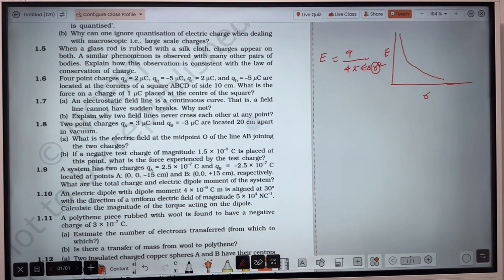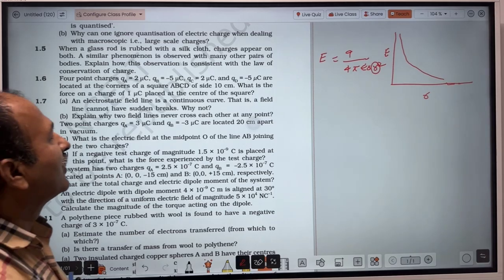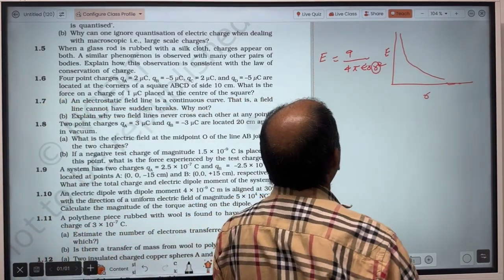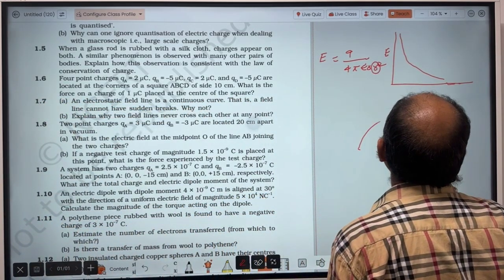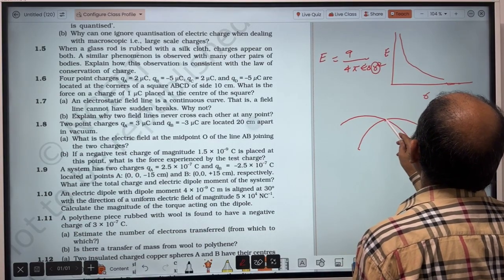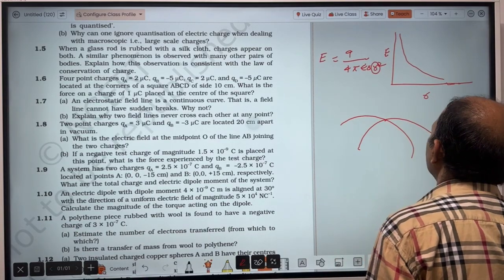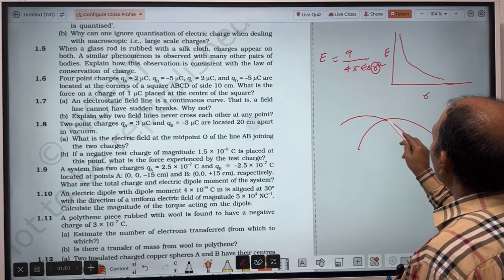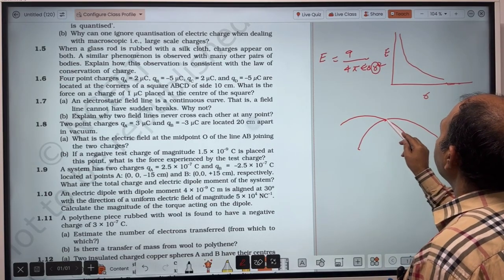Then the next question is, explain why two field lines never cross each other at any point. Again the same thing will happen. Suppose this is one field line and this is another field line, and we imagine that they are intersecting each other at this point. At the point of intersection, what will happen?